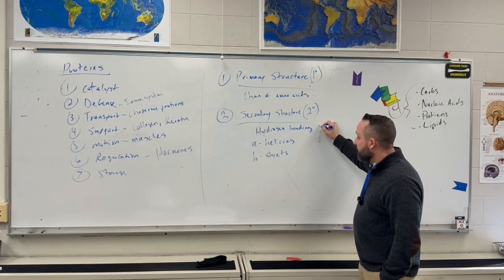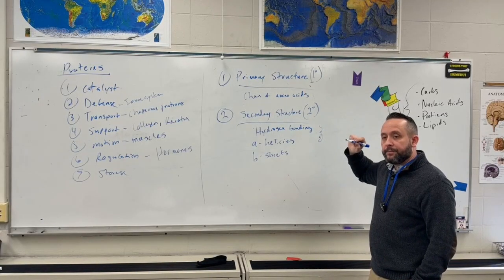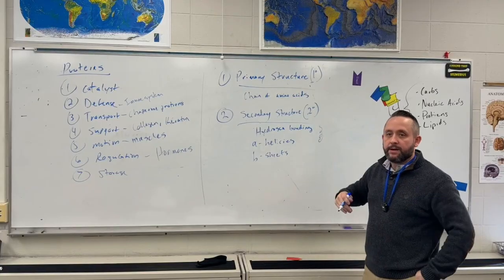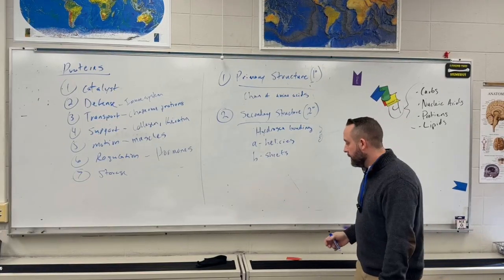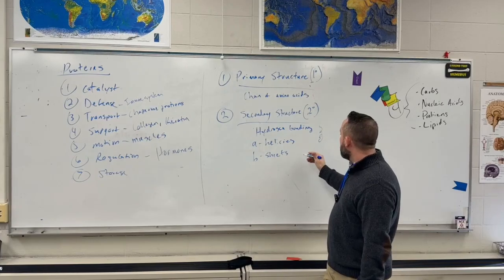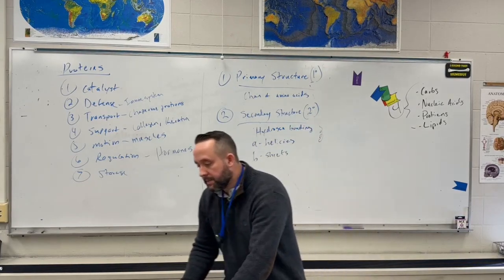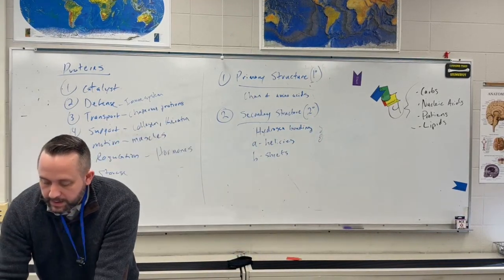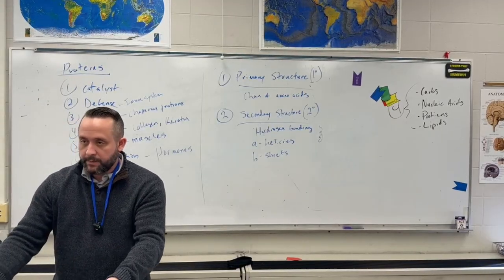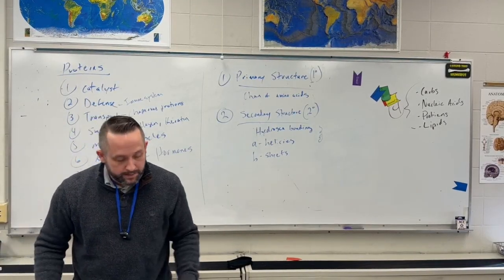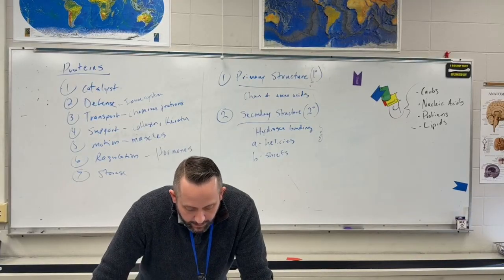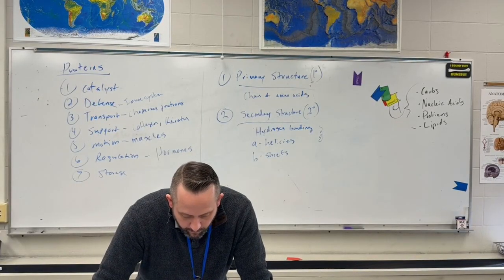Helices is just like you think, helices, like DNA. And the proteins that interact with DNA are usually helical shape. The sheets are pleated sheets. So if I were to take a piece of paper and fold it like an accordion this way and I pulled it out, that sheet would be like a pleated sheet. It's a beta sheet. And they can go together all kinds of different ways. Those are 2 important things to remember for step 2, or secondary structure.